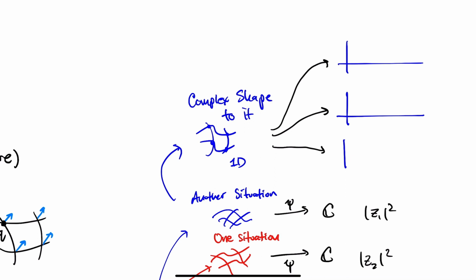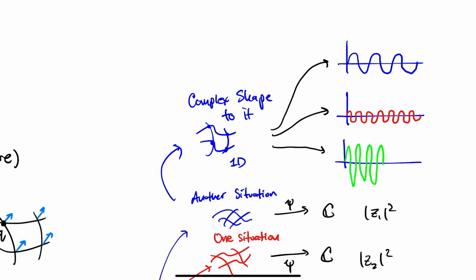So we can break this field down into different modes, right? So perhaps one mode looks like this. Perhaps another mode looks like this. And perhaps another one looks like this. Okay.